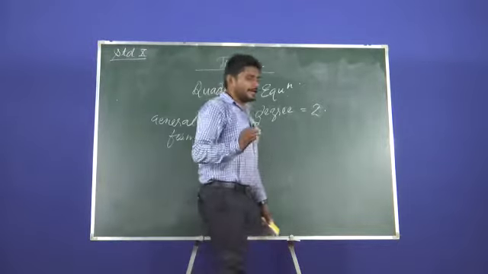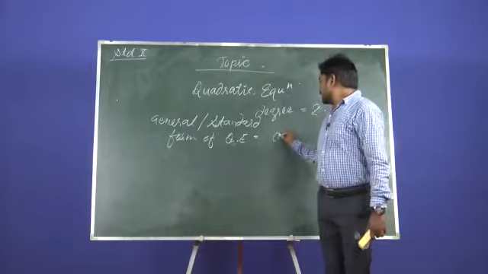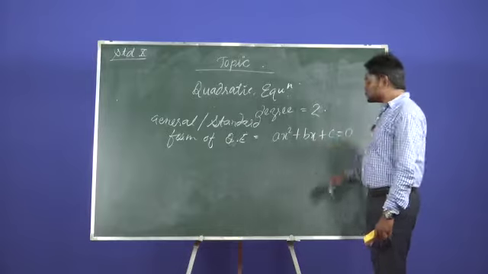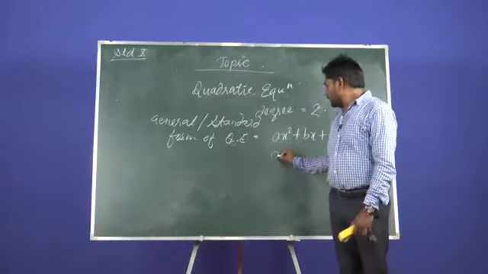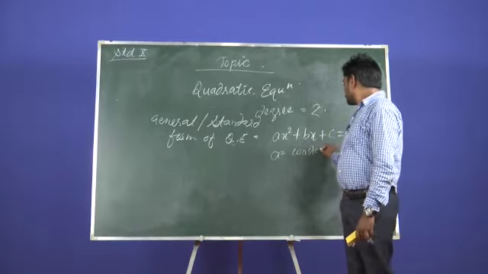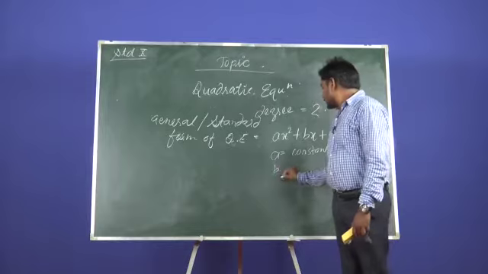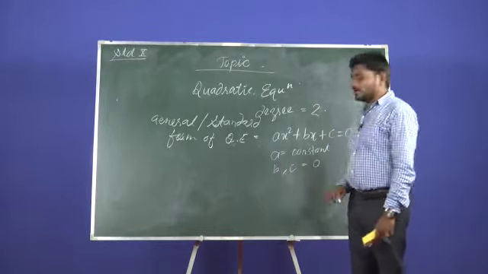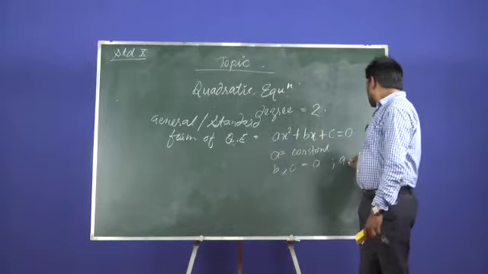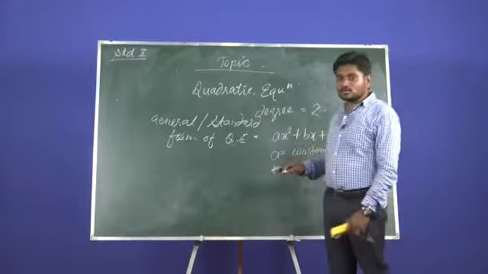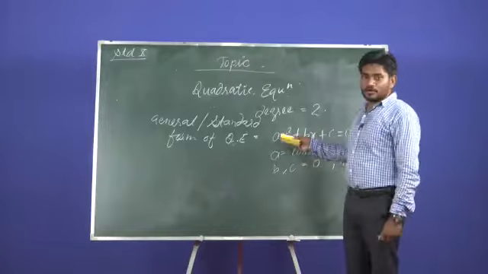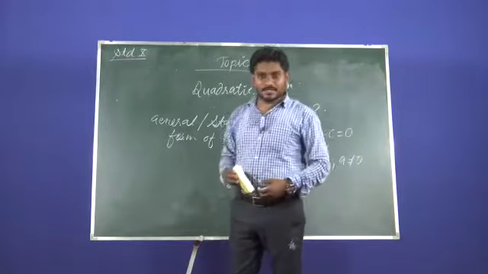Guys, you know the basic idea about quadratic equation: ax square plus bx plus c equals 0, where a should be any constant value, and b or c can be 0 depending on the condition, but a is never 0. This is the basic concept or general form of quadratic equation, and the standard form is ax square plus bx plus c.